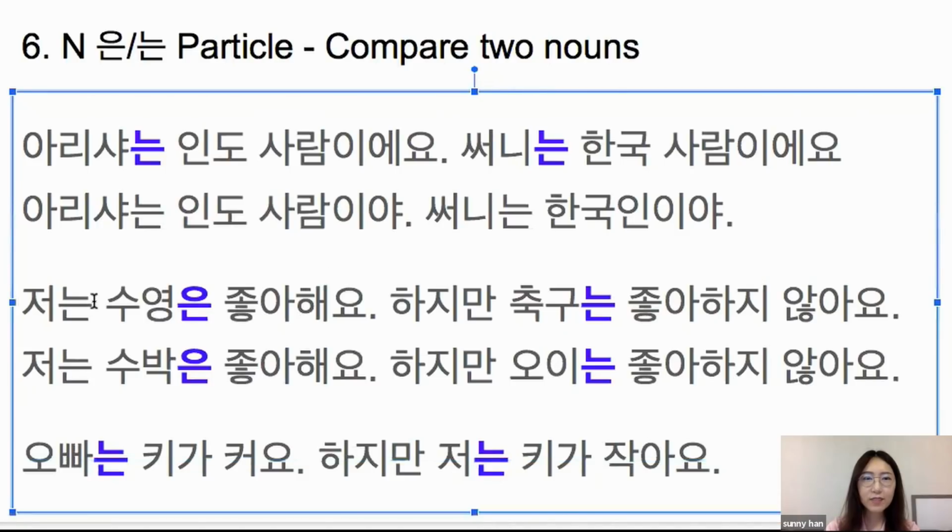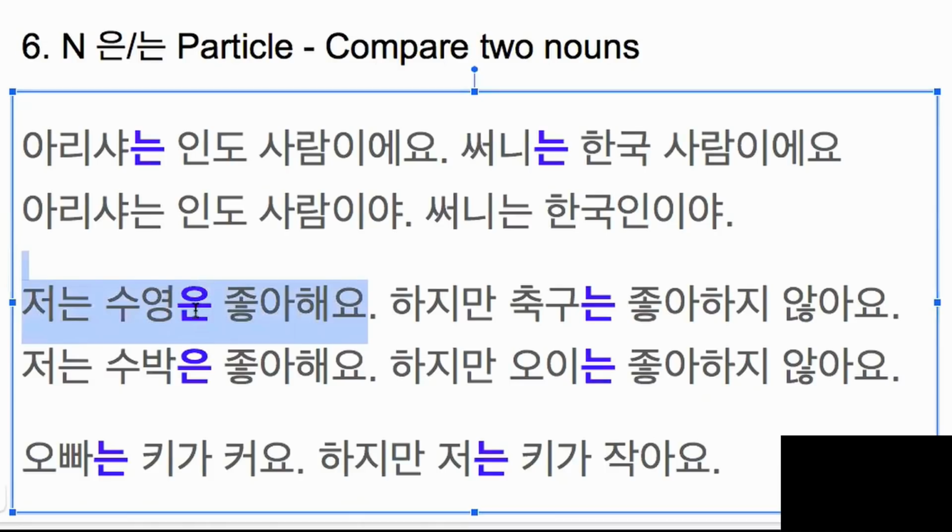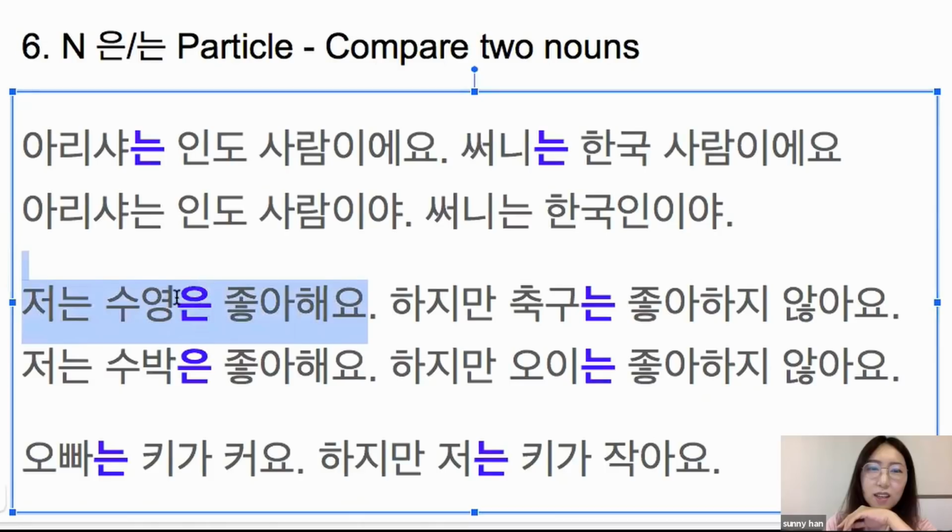Next one. I, formal way of I, talk, swim, like. 저는 수영은 좋아해요. If I just say 저는 수영은 좋아해요, then it sounds like I like swimming, but I don't like something else. I only like swimming. Yes, right.